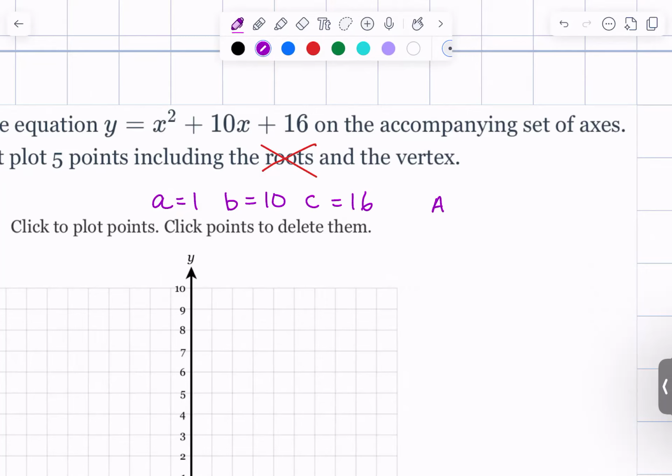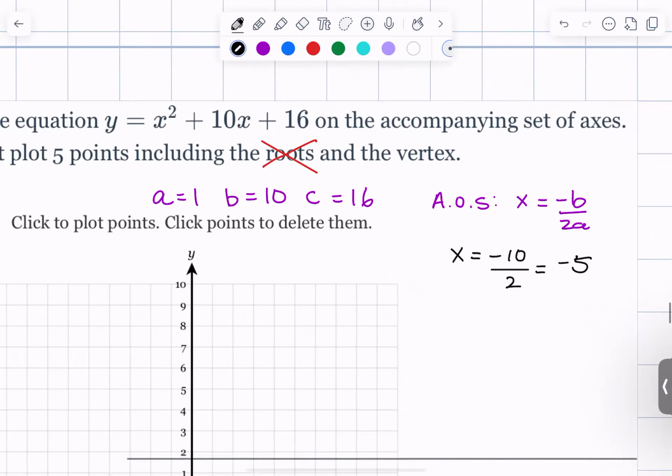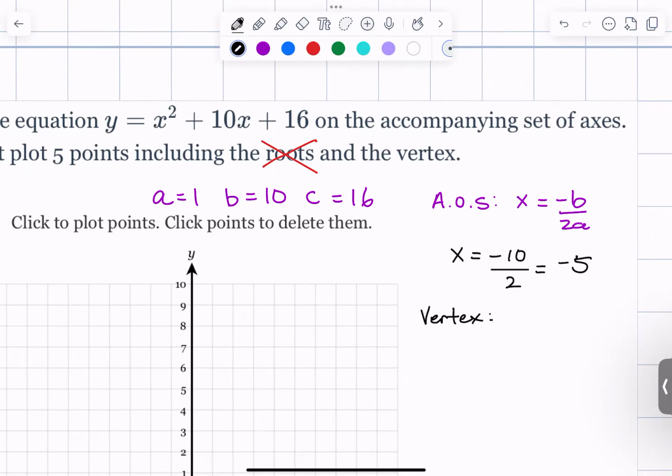So my axis of symmetry is going to be x equals -b over 2a, which is x equals -10 over 2 times 1, which is 2. That's -5. So my vertex is going to be -5 comma blank.